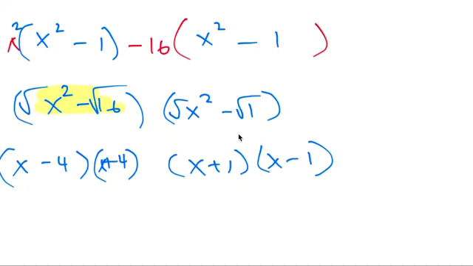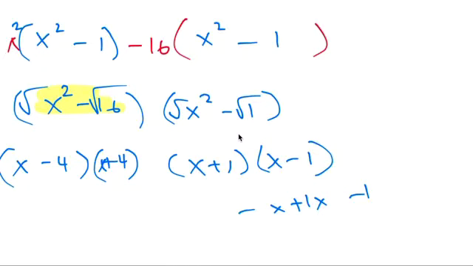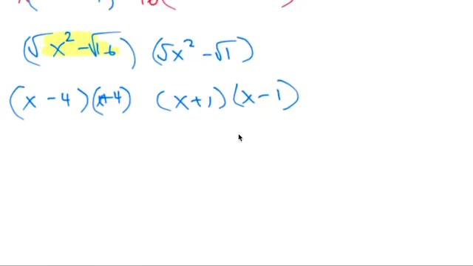If you distribute, notice that gets you 0 in the middle, that gets you -1. And that's your answer. Can't be factored any further. So that's letter S, right, in the third column.